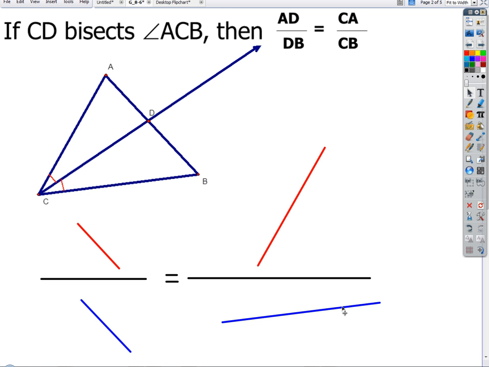So the ratio of kind of the left to the right segments that the third side's been cut into are going to be proportional to the left to right sides of the triangle. Make sense? That one's a little tougher to see, I think. Okay. There's another way you can slice this one too. You maybe have seen this, but you might notice that all of these can be thought of in two ways.